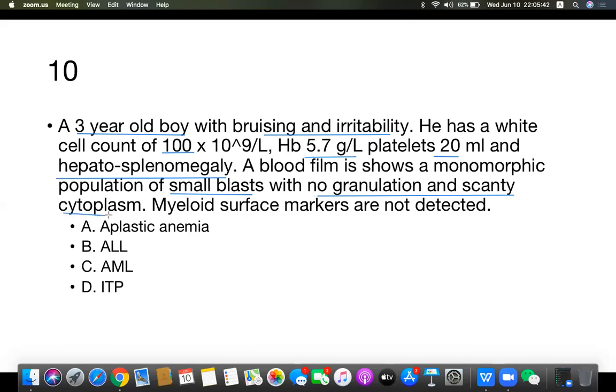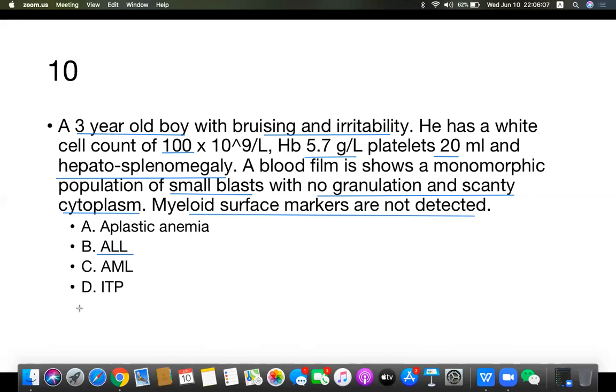Remember, lymphoblasts are rounded cells, and the nucleus is almost filling the whole cytoplasm. Now, myeloid markers are not detected. This is another clue which tells this is not a case of myeloblast or AML. So all the points are in favor of ALL.